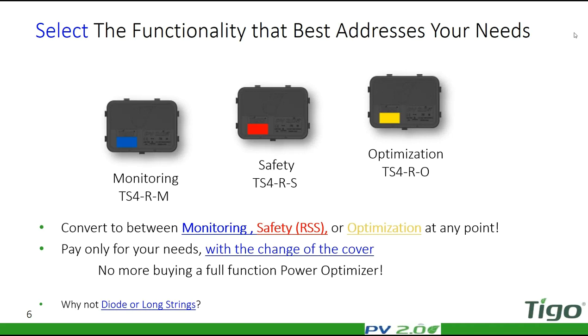Functionality is incremental, so safety will also include monitoring. So TS4 RS basically includes inside also the monitoring capabilities. And last, we have the optimization, the highest one up in that series. The TS4 RO has also safety capabilities built in and module level monitoring. And we'll talk about that.